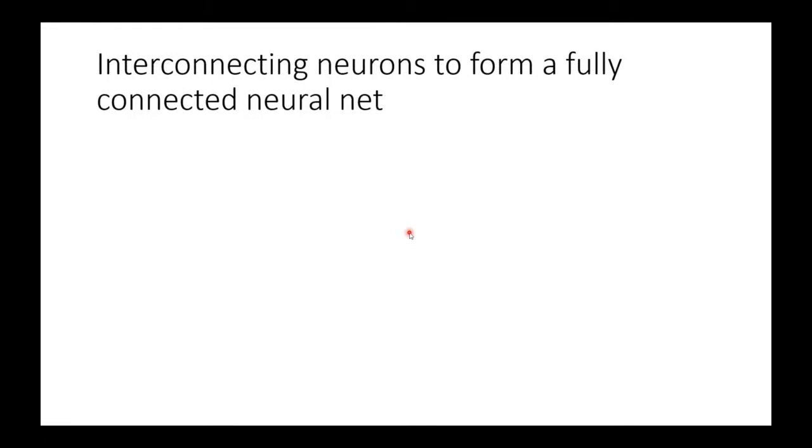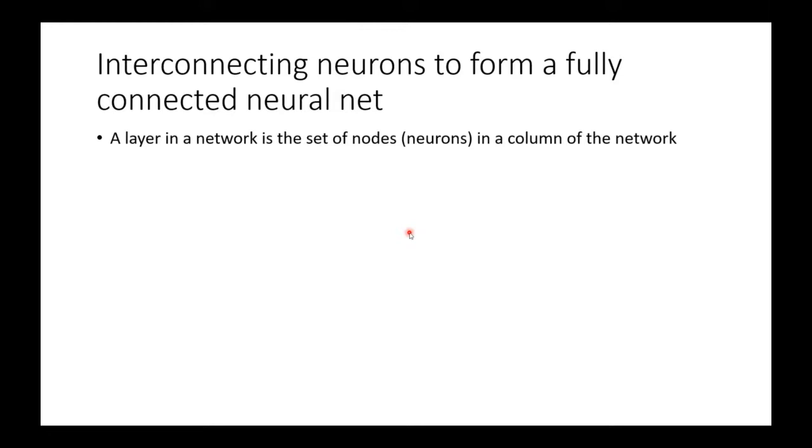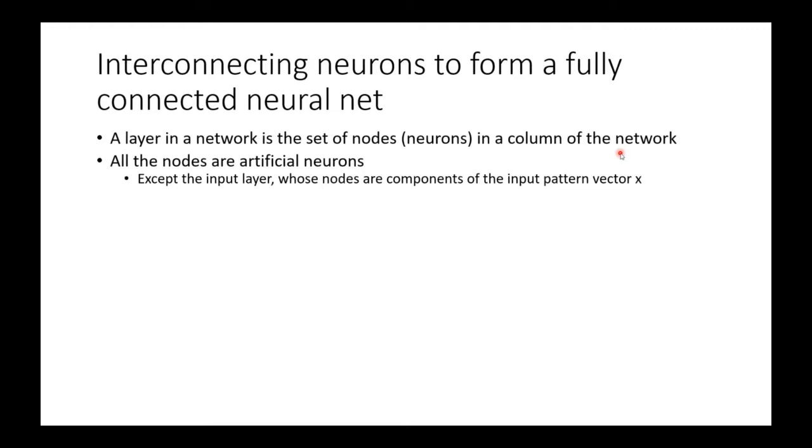Right. And then we interconnect neurons to form a fully connected neural network that's composed of layers. A layer in a network is a set of nodes called neurons in a column of the network. All the nodes are artificial neurons, except the input layer, whose nodes are components of the input pattern vector.